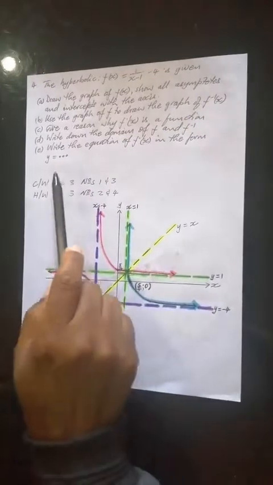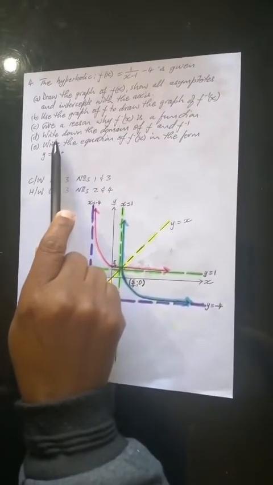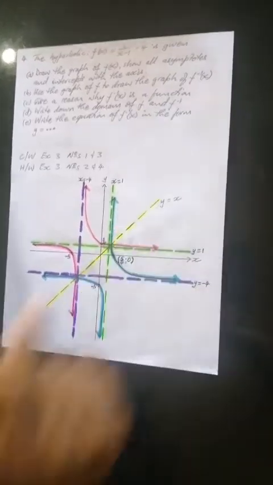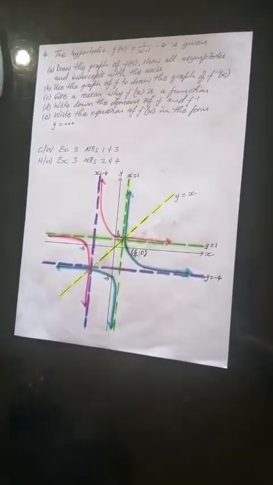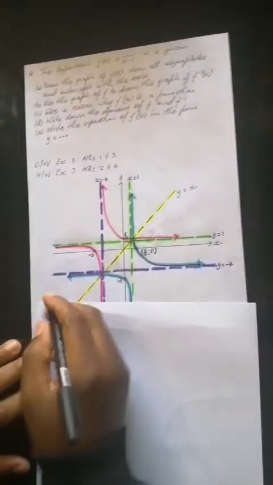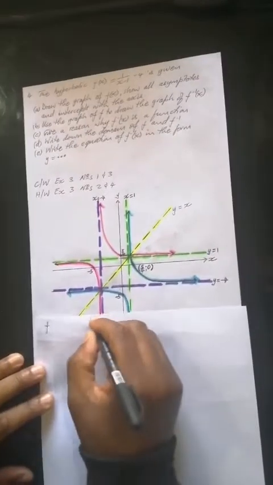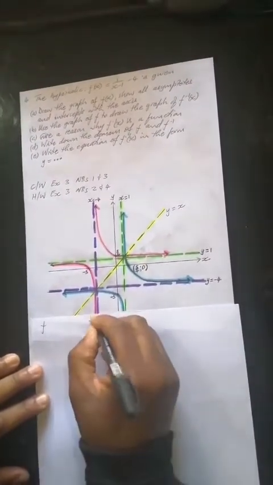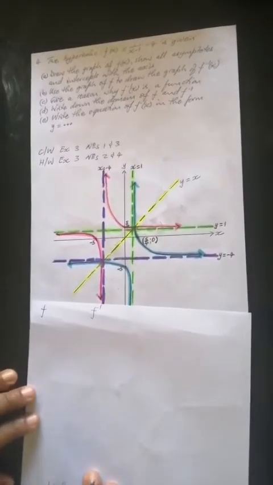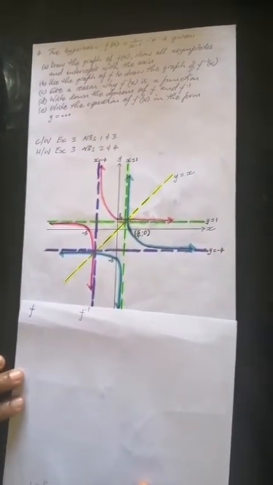Then it says, write down the domain of f and f inverse. Very important again. We're now writing down the domain of f and f inverse. We are dealing with the domain now. Now, what is the domain of f?